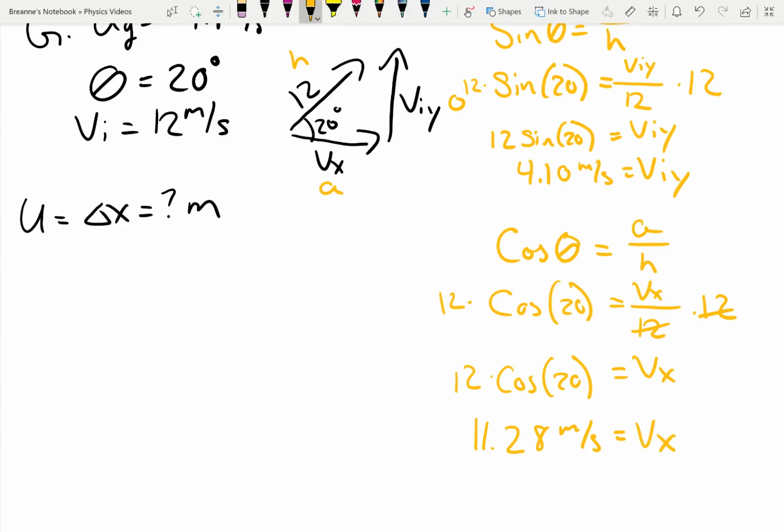So we have our initial velocity in the y, and we have our velocity in the x. Since our equation for displacement in the x is velocity times time, we're looking for our delta x.